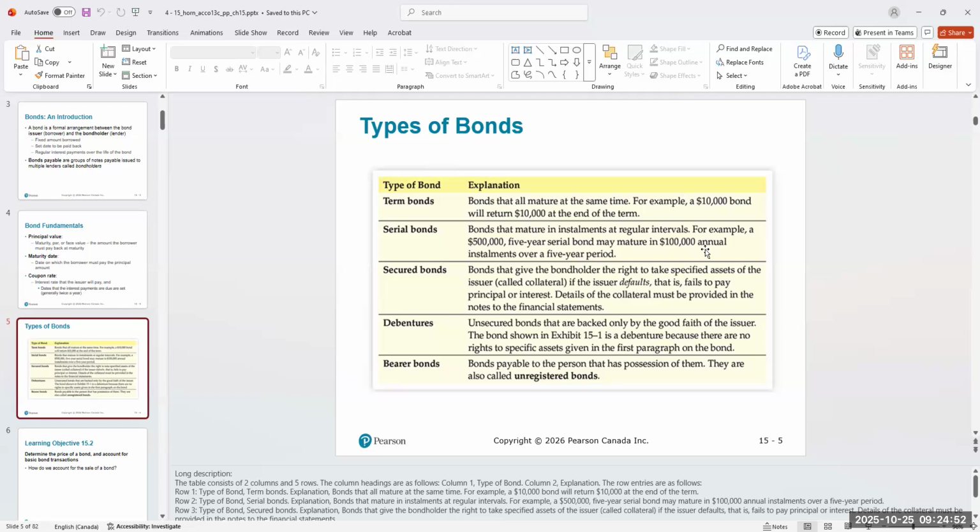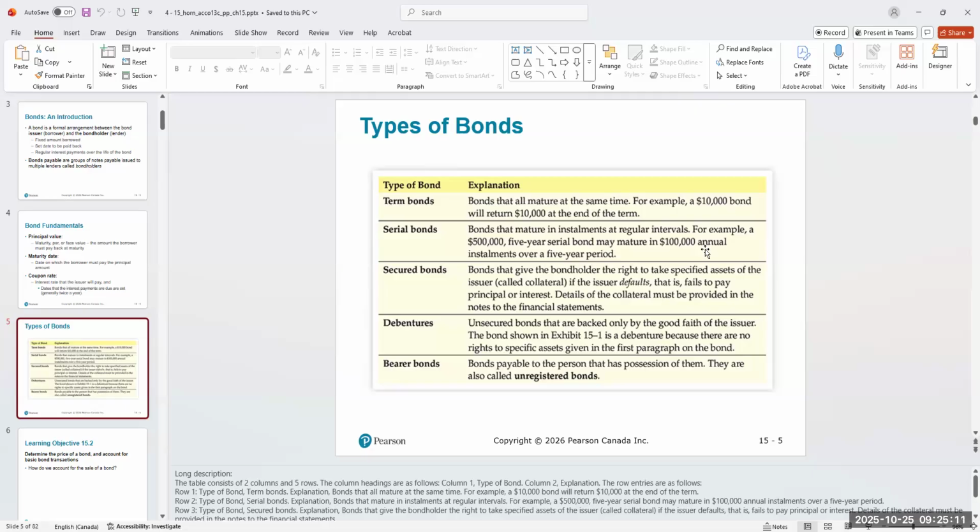What does that mean? Collateral means something valuable, which at least covers the value of the bond. So something that is worth at least $1 million. Usually collateral is worth more than the amount of money that you borrow.